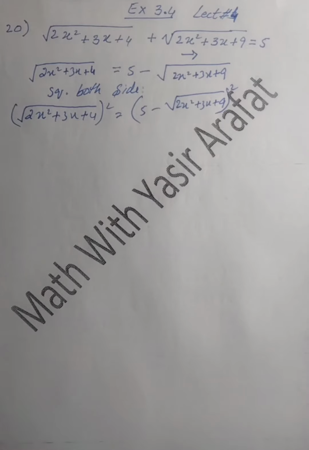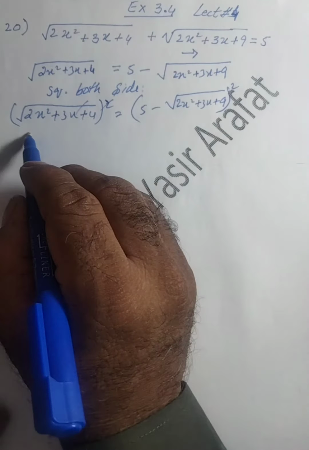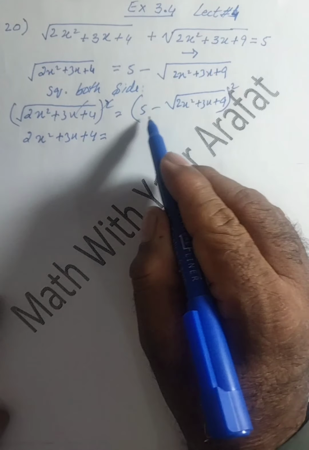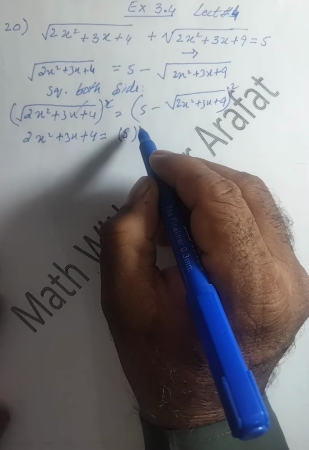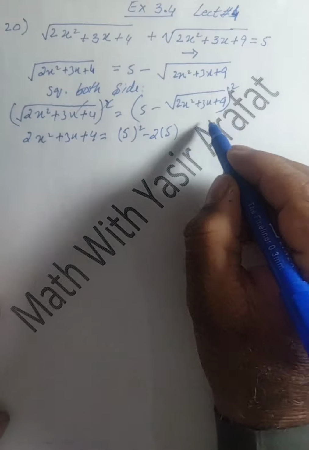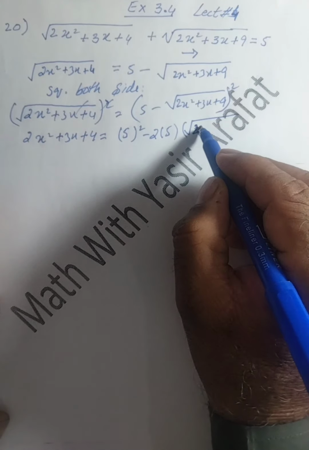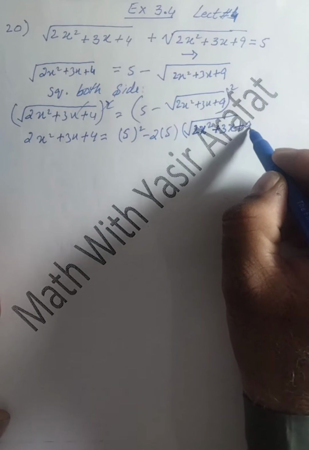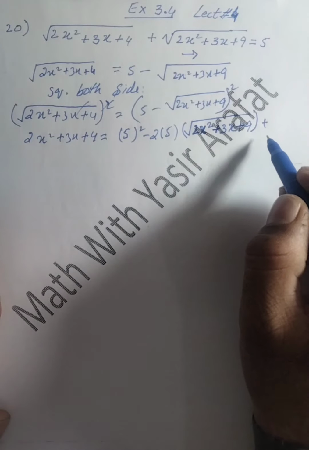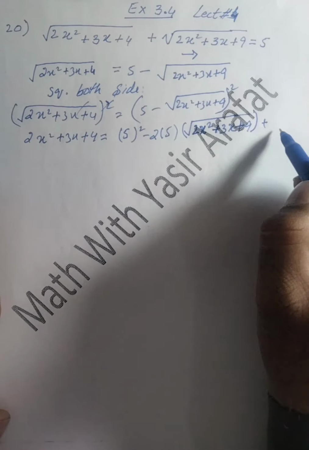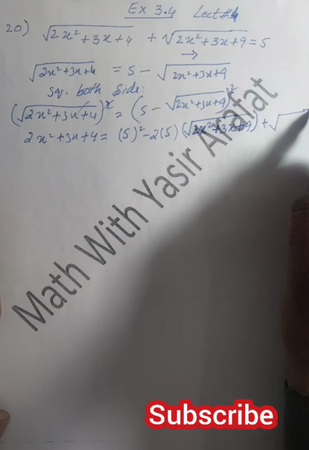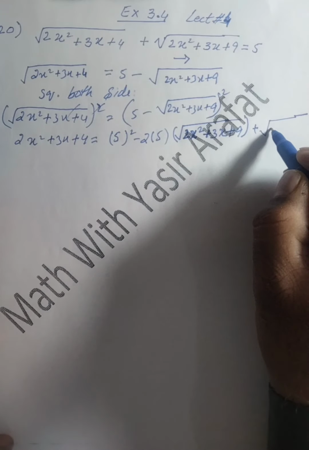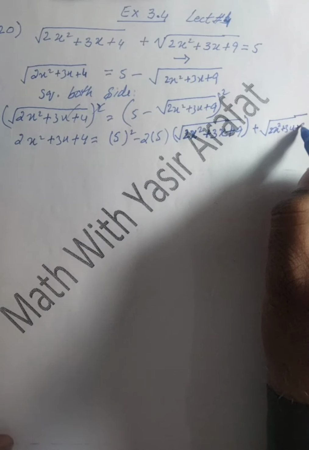Squaring both sides. So here this will cancel out, and this is 2x square plus 3x plus 4, and here we have to apply the formula a minus b to the whole square, that is a square minus 2ab plus b square, that is 25 minus 10 radical 2x square plus 3x plus 9, plus 9.